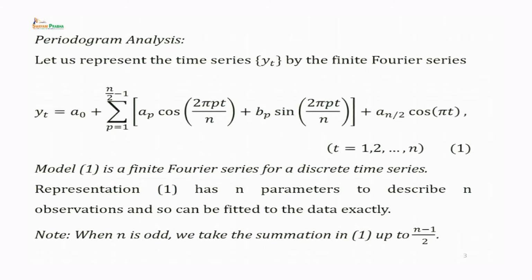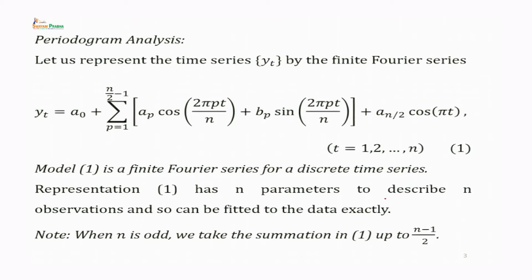Then how many parameters are there? You have one parameter a naught here, then n by 2 minus 1 parameters a p here, then n by 2 minus 1 parameters b p here, and then one parameter a n by 2. So, in all you have n parameters in this representation, and then you have n observations.